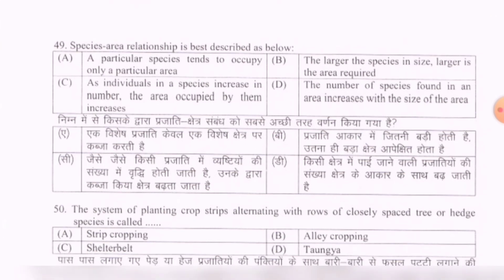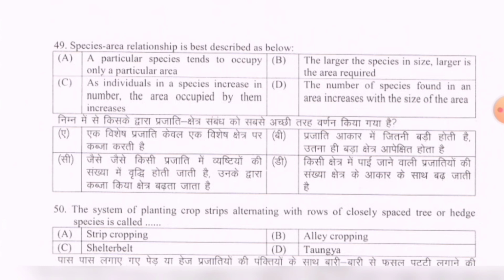Species area relationship is best described as below. Options are: a particular species tends to occupy only a particular area; the larger the species in size, larger is the area required; as individuals in a species increase in number, the area occupied by them increases; the number of species found in an area increases with the size of area.